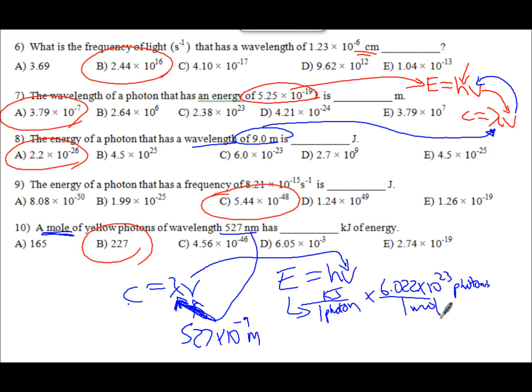So you have to do a second conversion afterwards. I repeat, the energy from Planck's constant is the energy per photon. So you have to convert it over to energy per mole, given this question says we have a mole of photons.